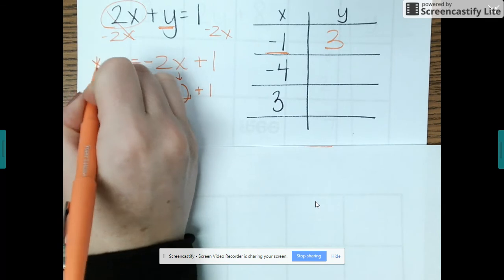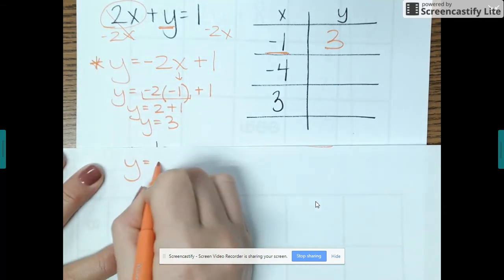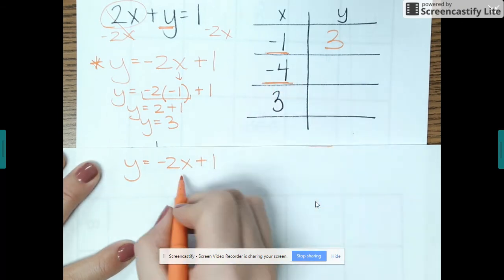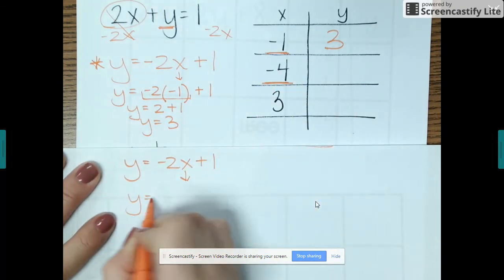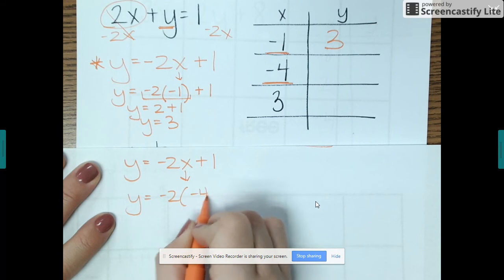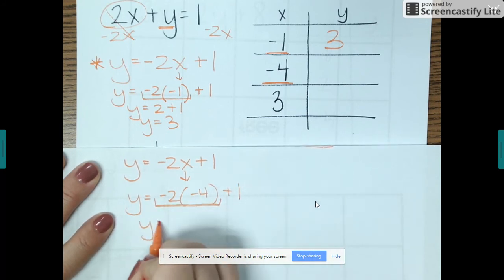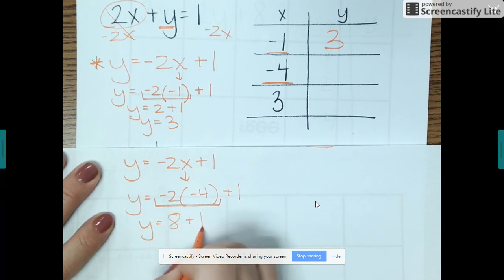So I'm going to take this equation. I'm going to plug in negative 4 for x now. Multiply first. That's what PEMDAS tells us to do. Y equals 9.